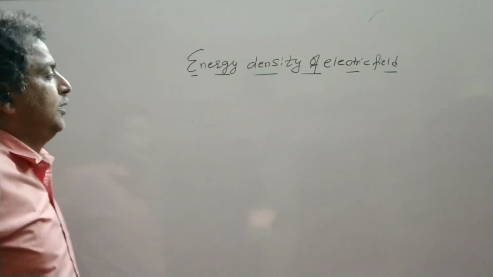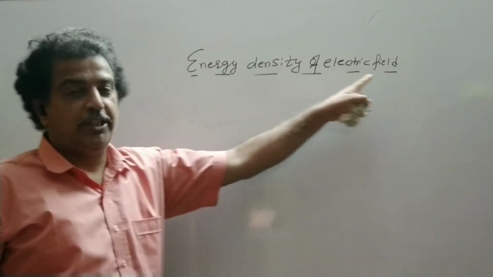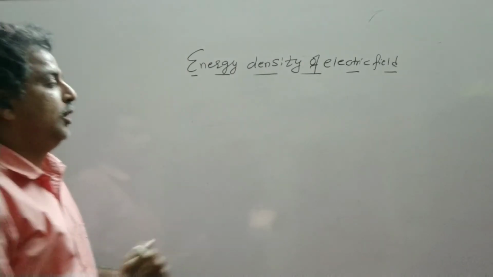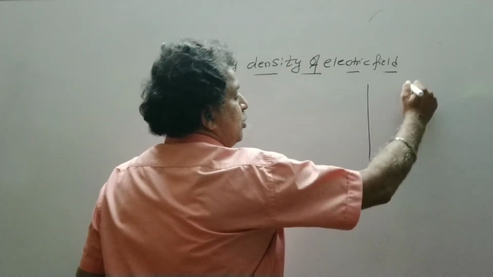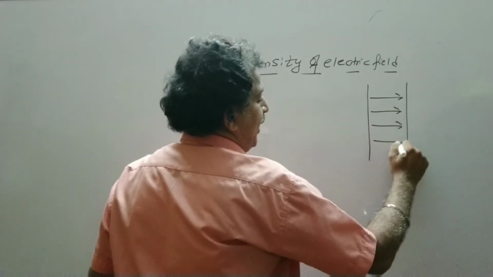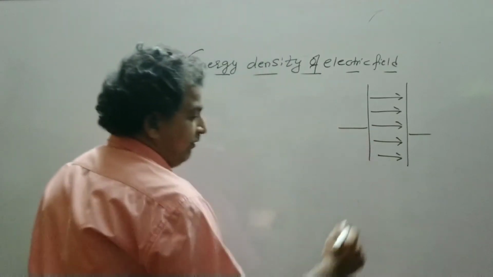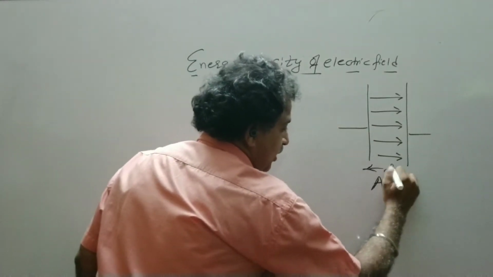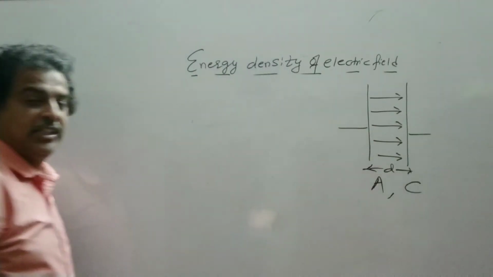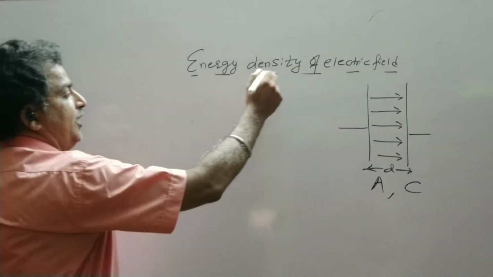Now another related topic is energy density of electric field. We know a capacitor stores electrical energy in the form of an electric field. So if we consider a capacitor having area A, distance D and capacitance C, then we can find out the energy density.